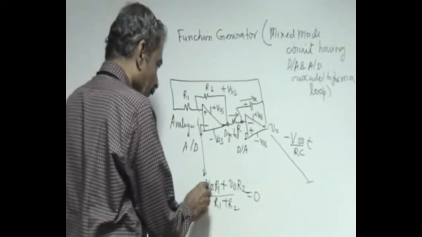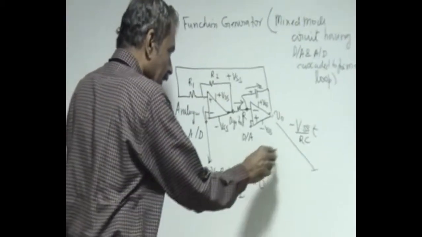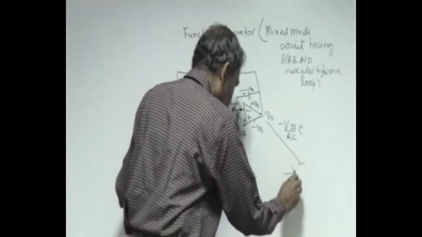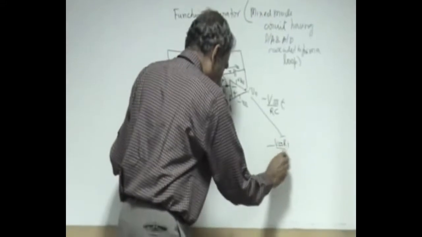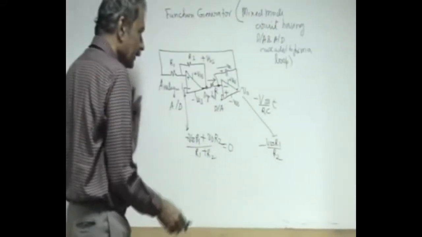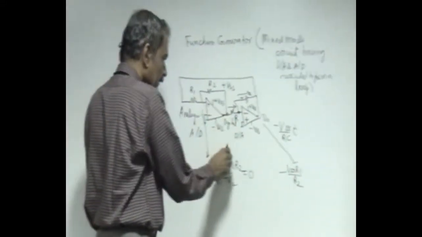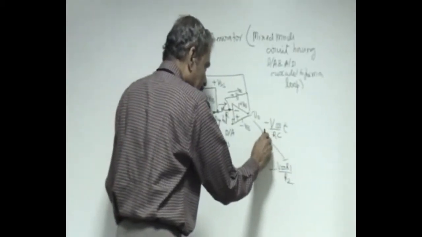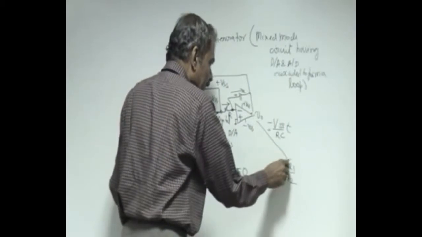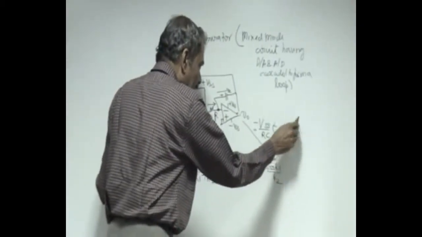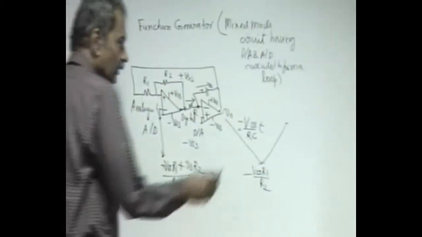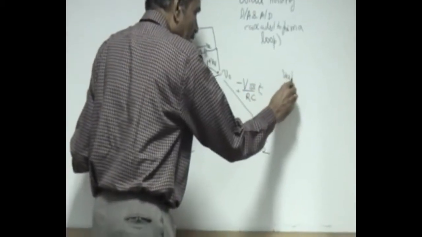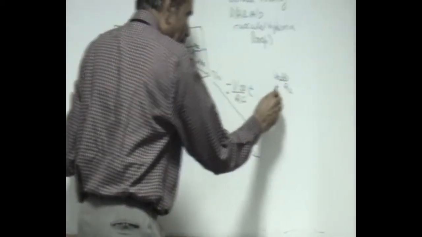Now this can happen when this is at plus Vs, when this voltage reaches minus VSS into R1 by R2. At that time, the output goes to minus VSS, and the slope changes to positive, and it goes on increasing, and as soon as it reaches plus VSS into R1 by R2, it again changes.